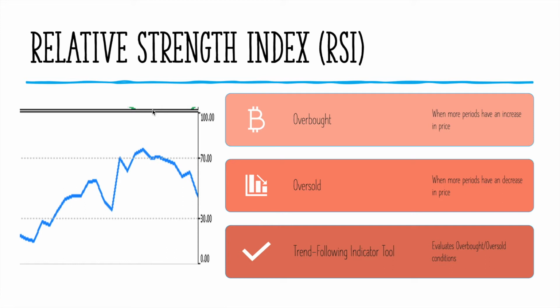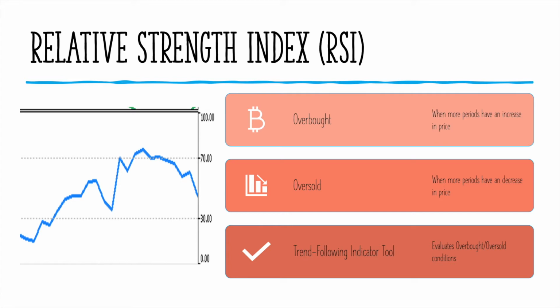What the RSI does is, based on a custom value, if it's above a specific value or below a specific value, it will determine an overbought or oversold condition. In the image on the left, you'll see that if it's above the 70 value, that's considered overbought. If it's below the 30 value, it's considered oversold. Using this, the expert advisor will get an idea of when to buy or sell.